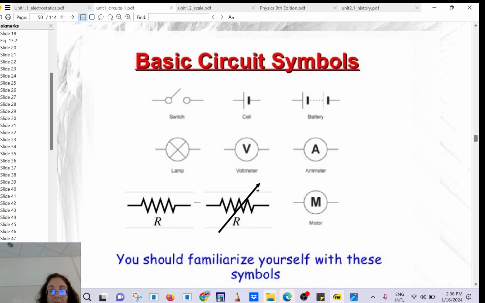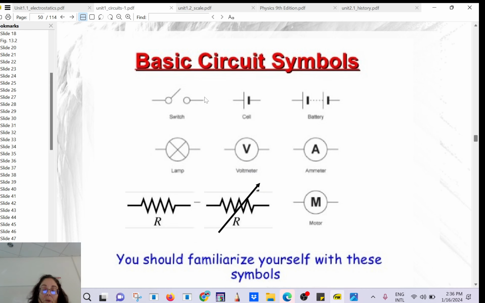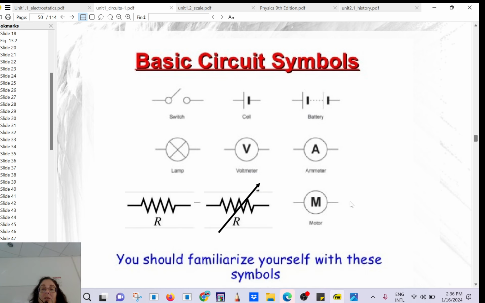Okay, so this is called here neuron action potential, if you want to look at that tutorial. So now let's go back to my circuit. Imagine you want to build a circuit with a power supply. You want an ammeter to measure the current.